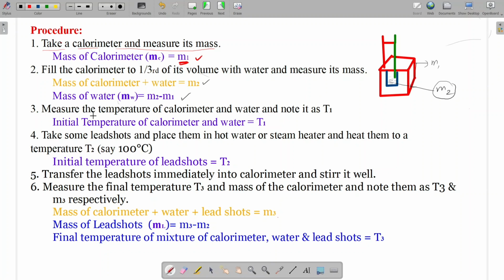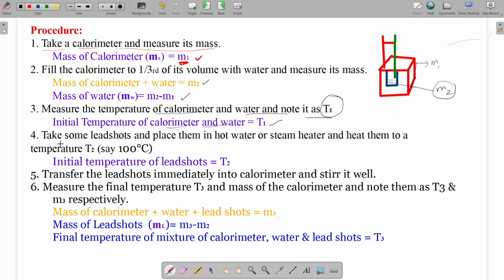Next, measure the temperature of the calorimeter and water and note it as T1. As the water and calorimeter are in contact with each other, they attain the same temperature. So the initial temperature of the calorimeter and water is T1 degree Celsius.